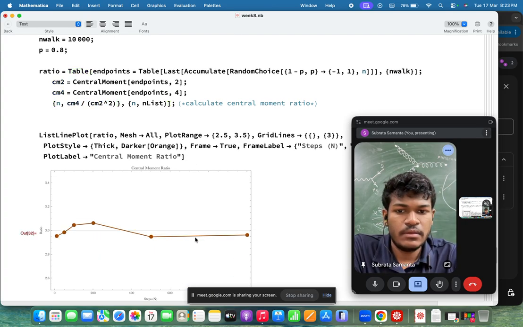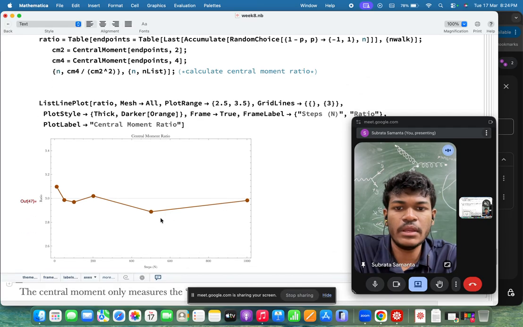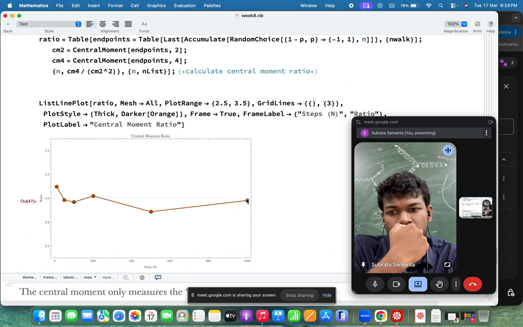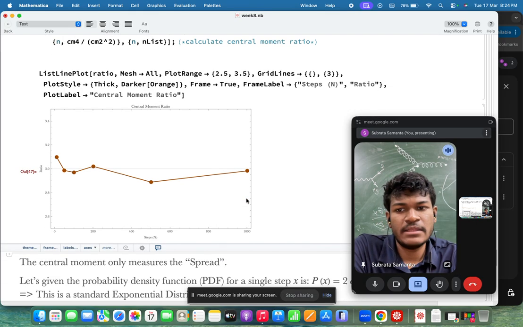You see that it converges, very close to 3. You have to increase n more and more, but you see it is very close to 3 as n increases.